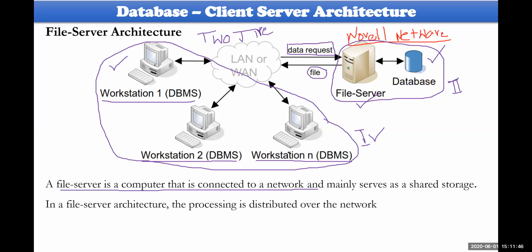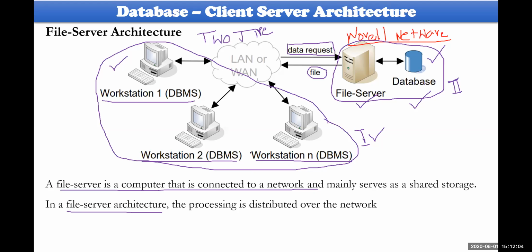So this is the end users' point of view, and this is the file server's point of view. And here in file server architecture, a very important point is that files will be distributed across the network, not data.